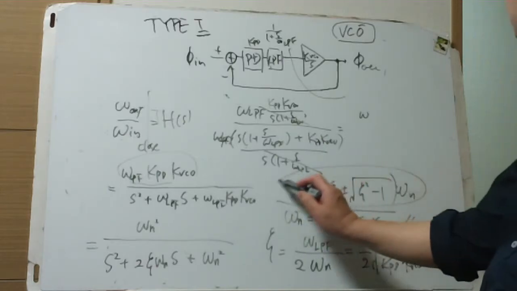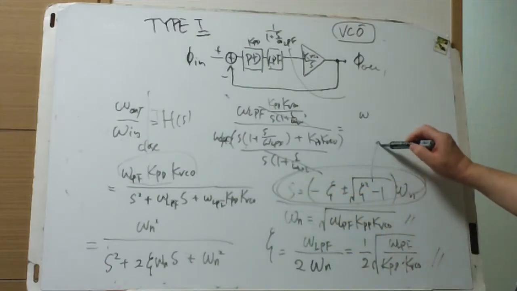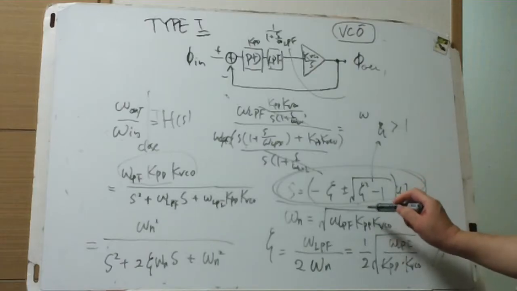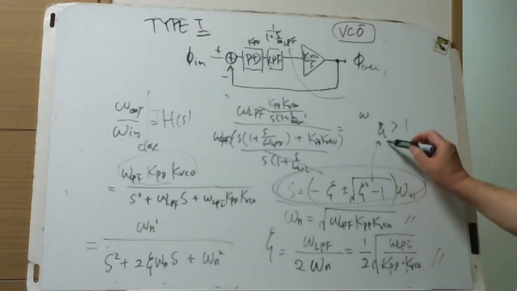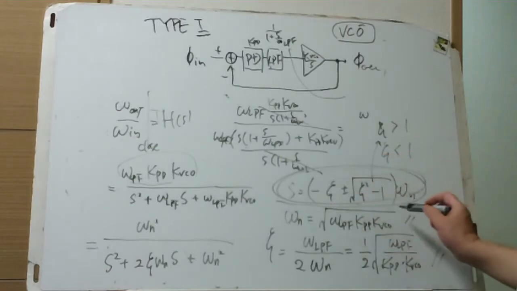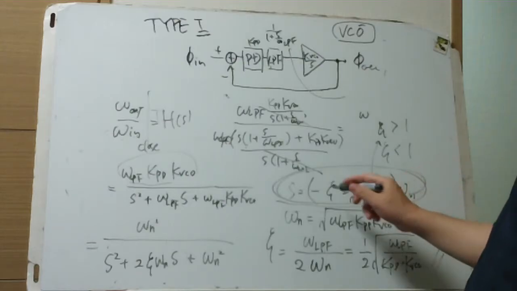This is the pole. Where zeta is larger than 1, they are real, but where zeta is less than 1, this is an imaginary number, a complex conjugate here.